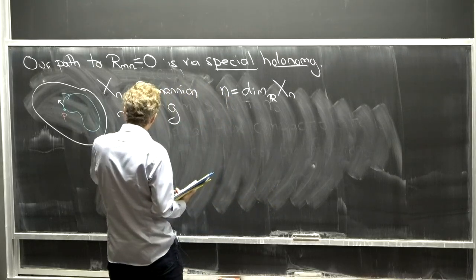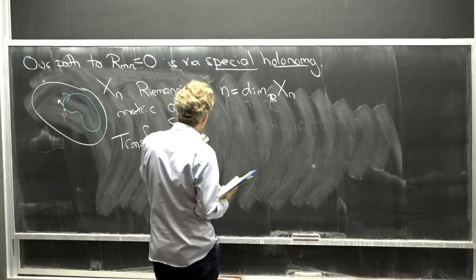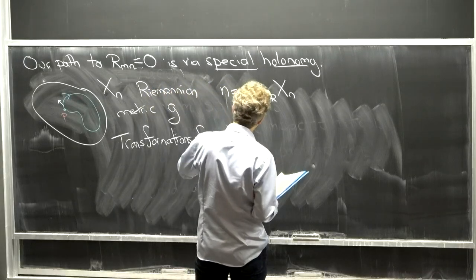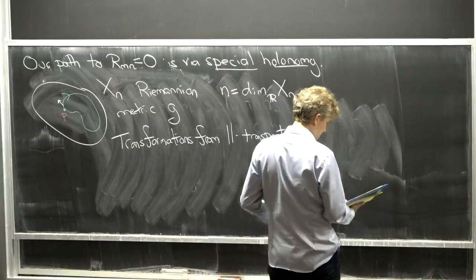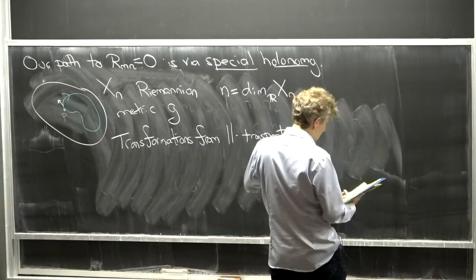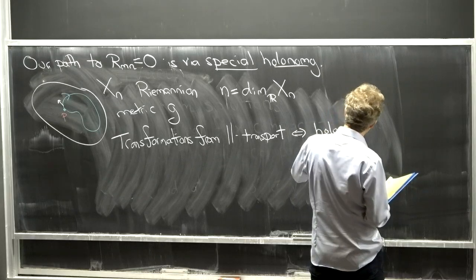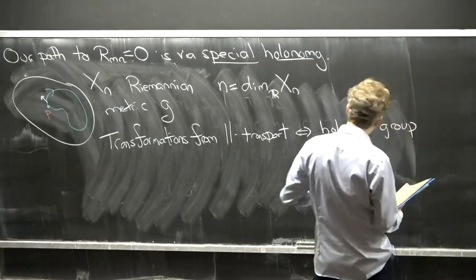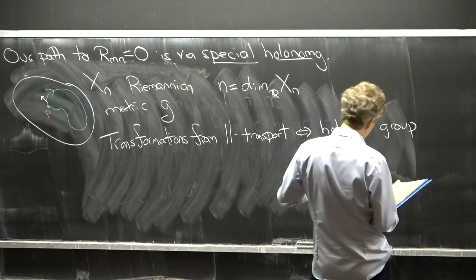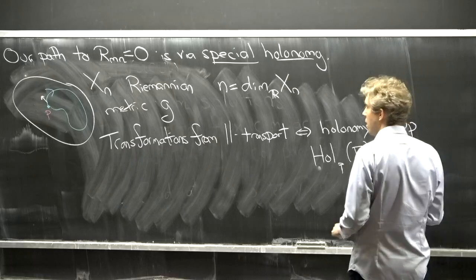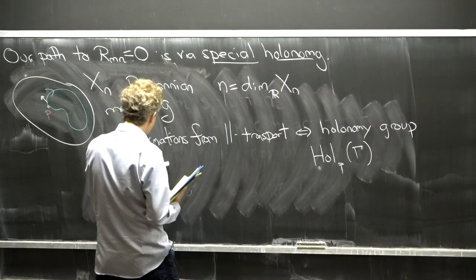So the transformations resulting from parallel transport form the holonomy group, where I'm going to write this temporarily as the holonomy at P of gamma, where gamma is the connection that we take on the tangent bundle.